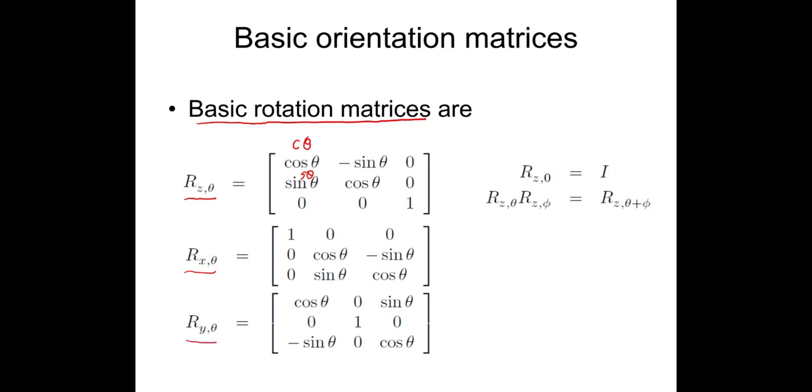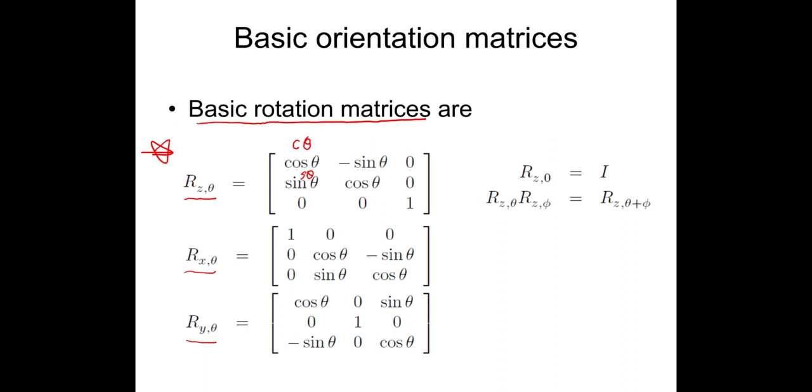And Ry theta means we rotate around y-axis with the angle theta. If we do the rotation around x-axis, we will have this rotation matrix. We need to remember that, and later we will use it directly. And then for Ry theta, we will have this basic rotation matrix. Again, all these three, we need to remember.